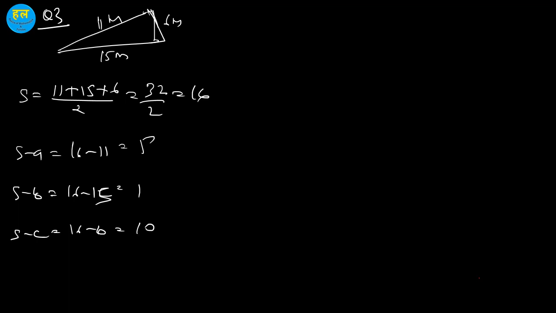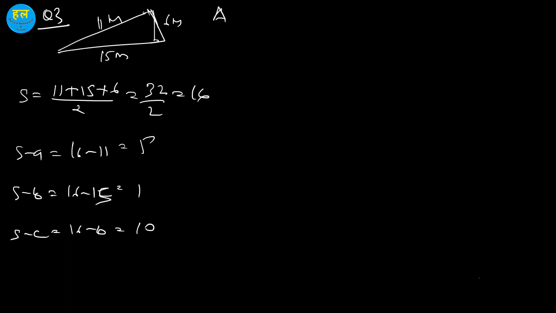So S minus A, S minus B, and S minus C. S minus A is 16 minus 11, 16 minus 15, and 16 minus 6. It is 5, it is 1, it is 10.